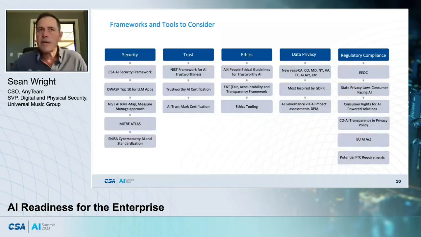Most seem to be modeled after the EU AI Act and GDPR, with new regs for California, Colorado, Maryland, New York, Virginia, Connecticut, and so on. They're all crafted around the same flavor, the same message, if you read them in depth.